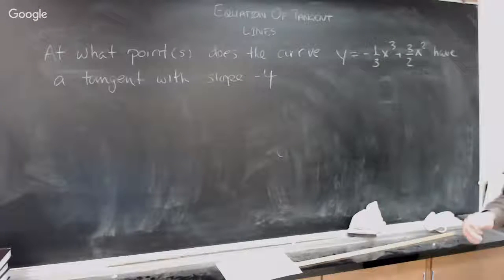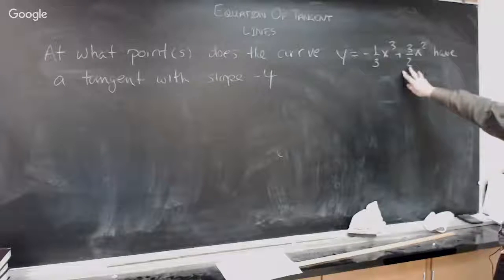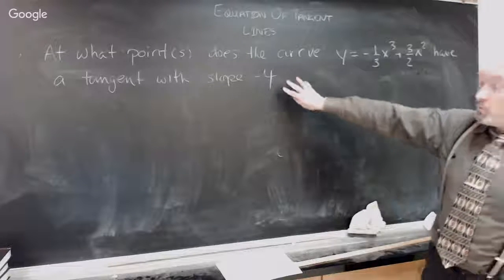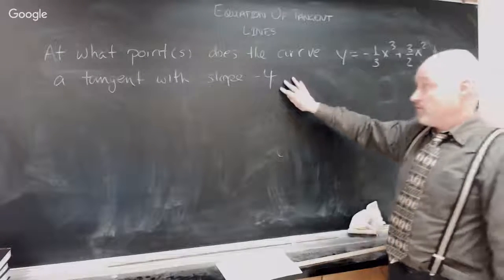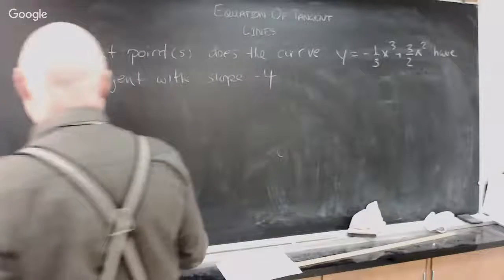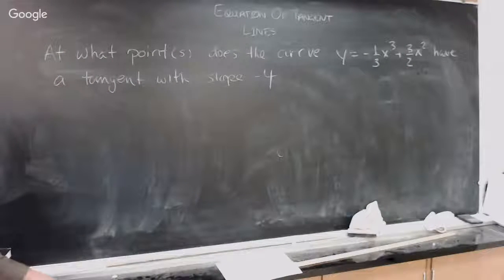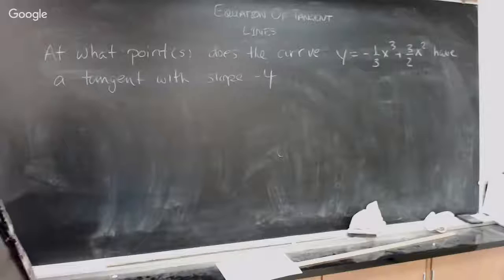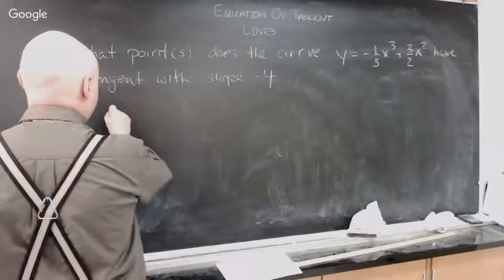But we are going to do exactly the same thing. We've got the equation, we've got the value of the slope, but we don't have any x-coordinate, we don't have a y-coordinate. We're going to have to go to the derivative right away so that we can figure out our x-coordinate.